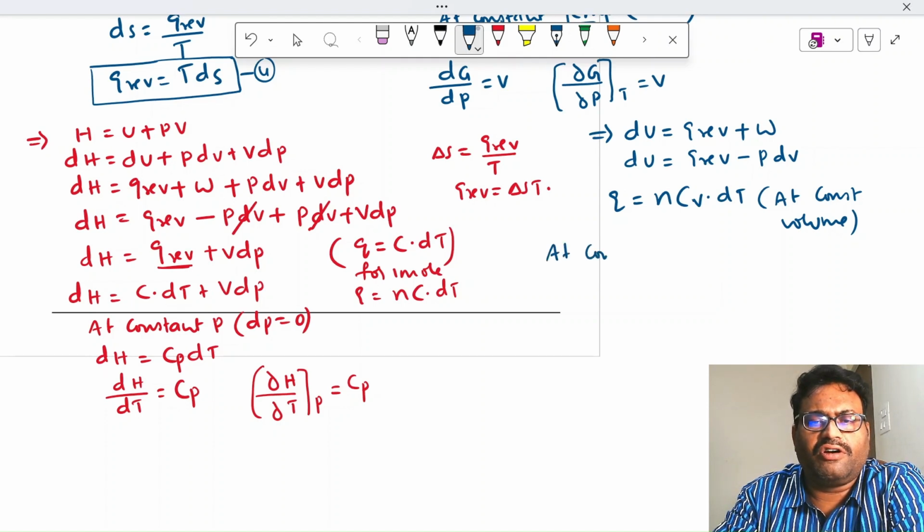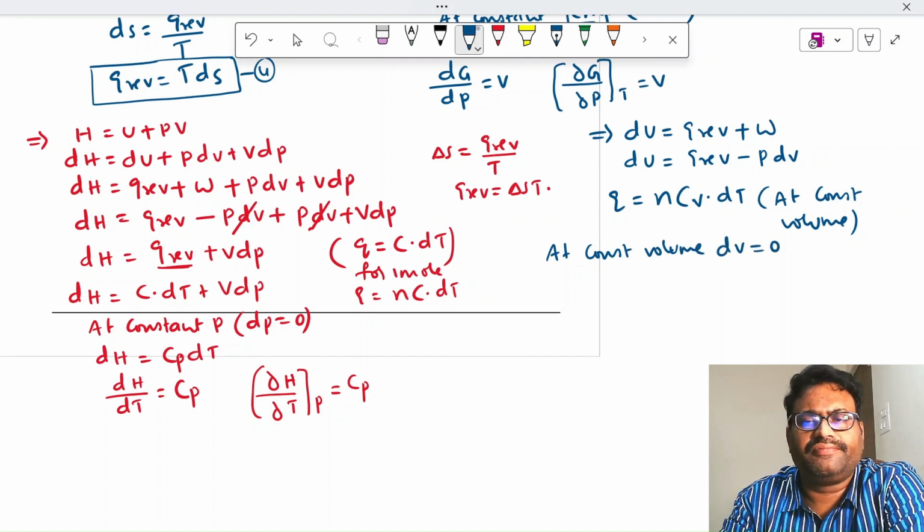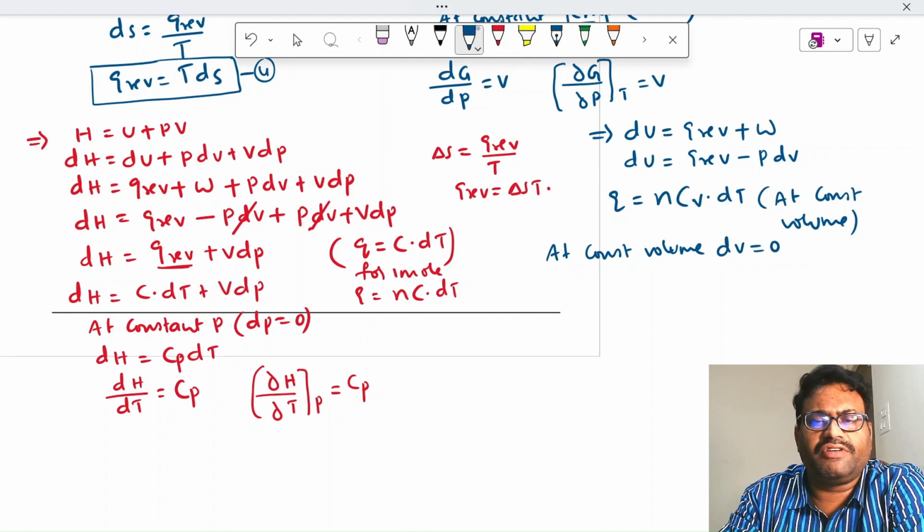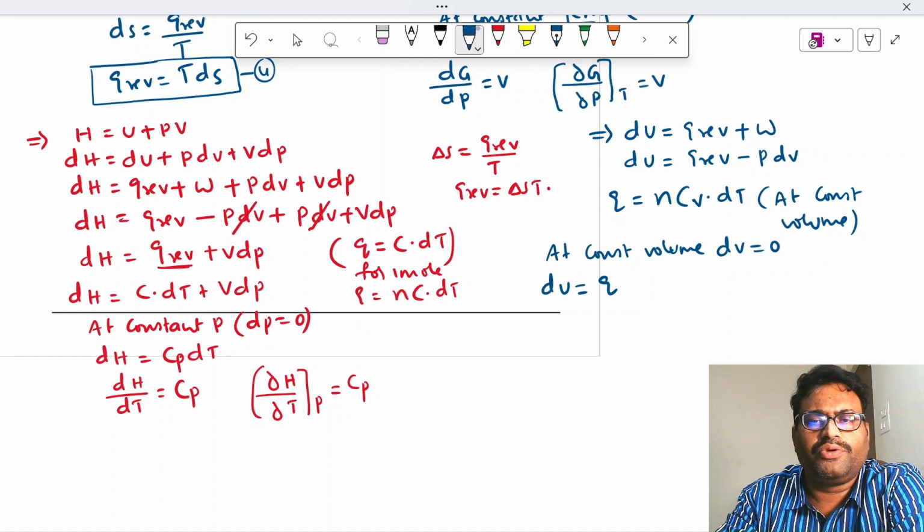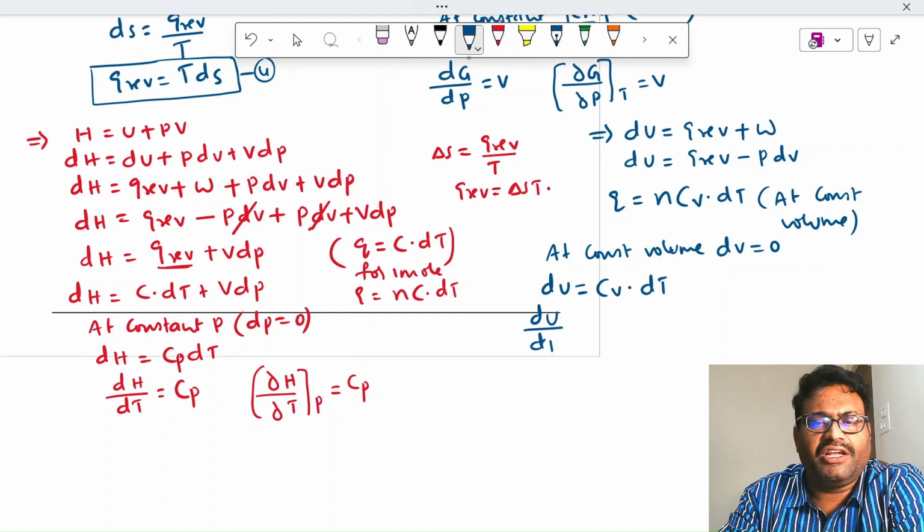At constant volume, what I can write, dV is equal to 0. Substitute in this equation, then what do you get? dU is equal to Q. Instead of Q, what you can write? If number of moles is 1, I can write Cv into dT. So dU by dT is equal to Cv.